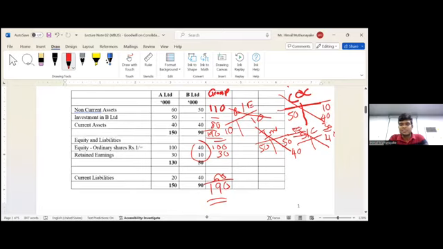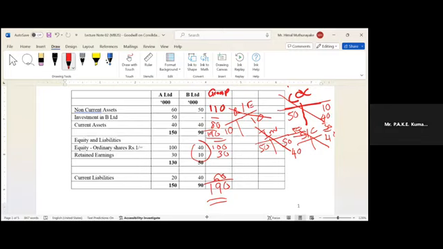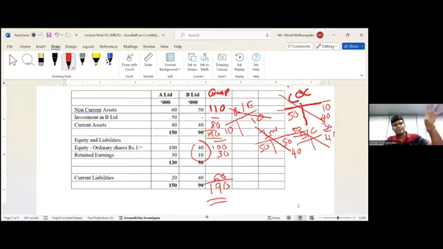You got my points? Sir, when we are considering net assets, we are not considering current liabilities and current assets? No, because net assets is after deducting the liabilities from the assets, the balancing part. Net assets means after deducting all the liabilities from the assets, so then you are getting the net assets.